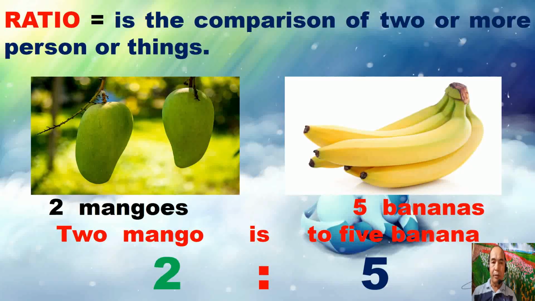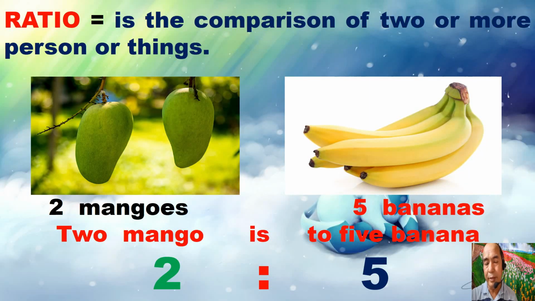Okay, let's take the definition of ratio. Ratio is the comparison of two or more persons or things. So if we are comparing two persons or things, then we have a ratio. In this particular example, we have 2 mangoes and 5 bananas.